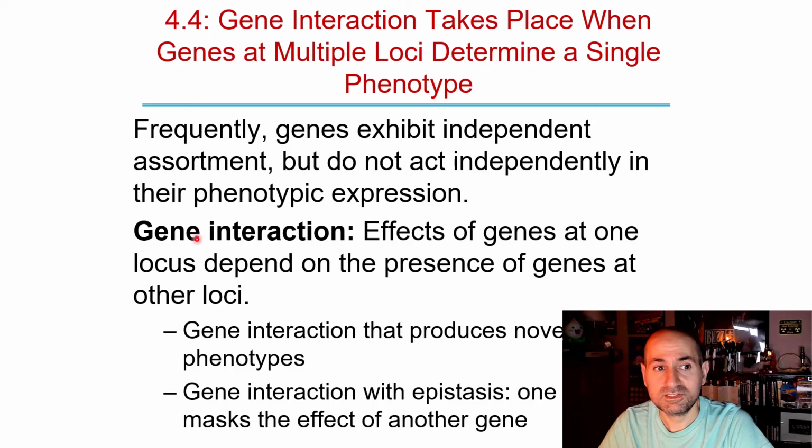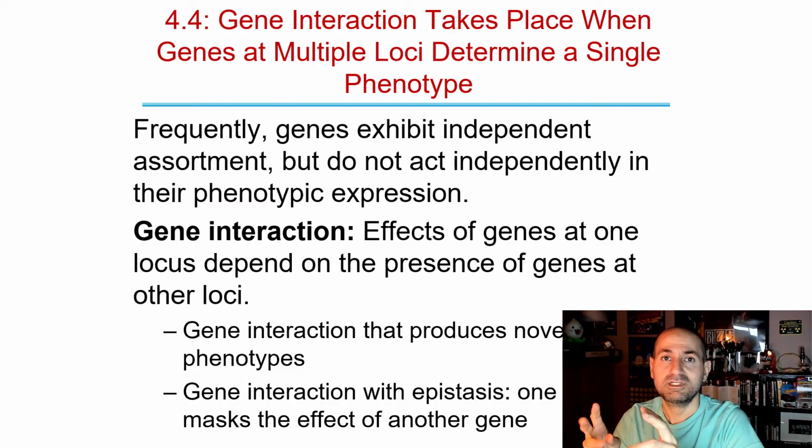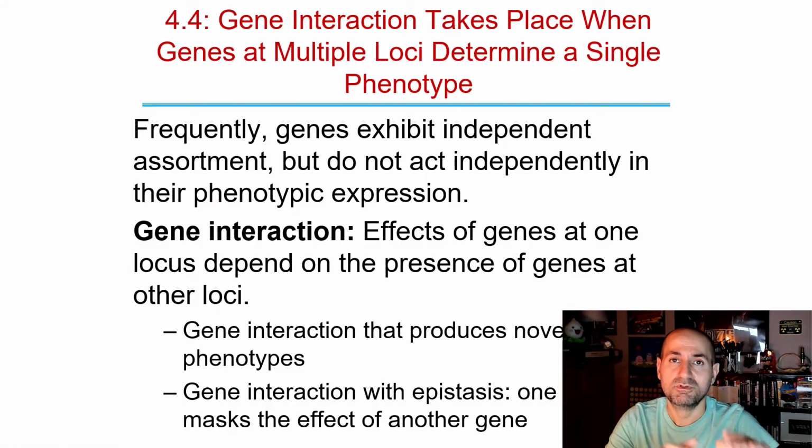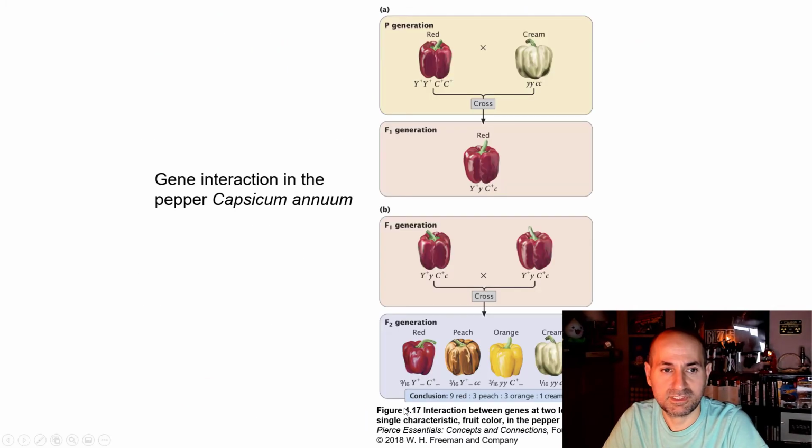The reason for this is gene interaction. This can confound heredity studies, because the effects of one gene can actually affect the phenotype of a different gene at a different locus. And there are 2 examples of this: gene interaction, which I'll explain in just a minute, and epistasis, which I'll also explain after that.